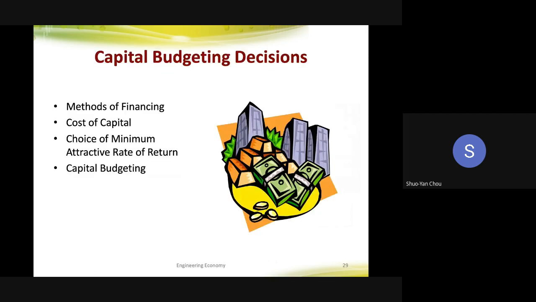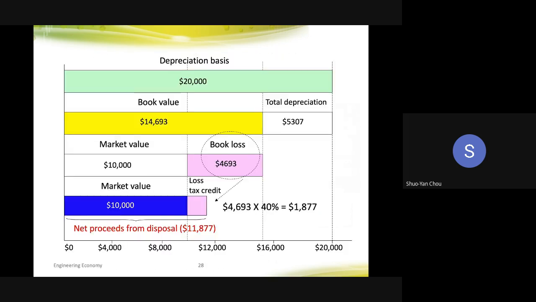Those need to be considered for adjustment so that our computation will be more accurate. Just that you need to understand the consequence of the difference, because here we did not really talk about depreciation, but there should be depreciation, and there should be a difference between book value and market value, so that we can make adjustments.